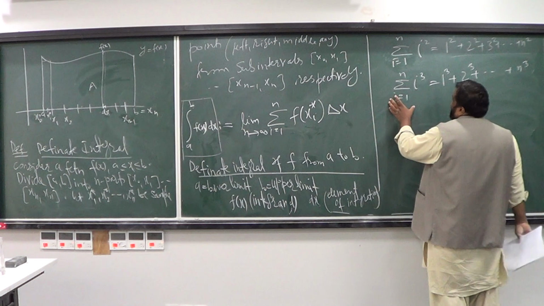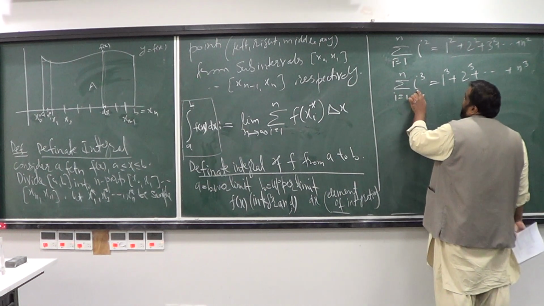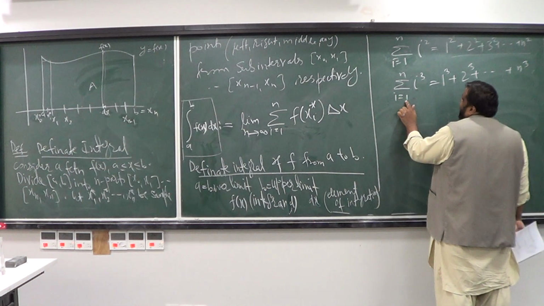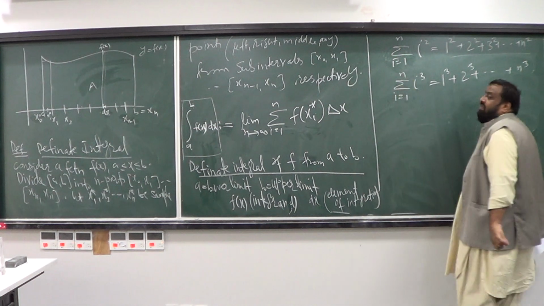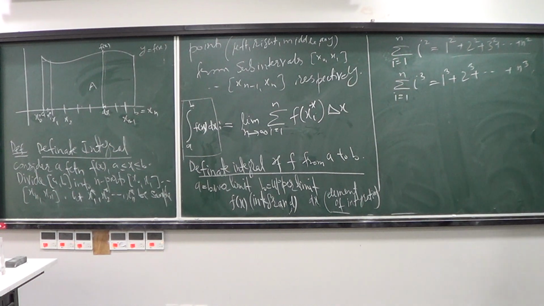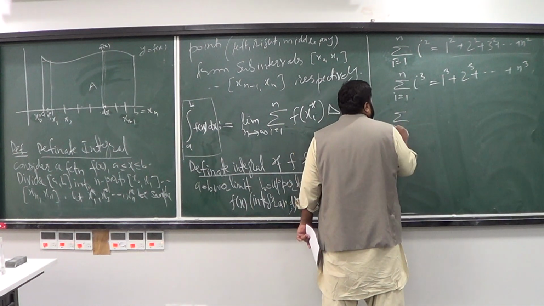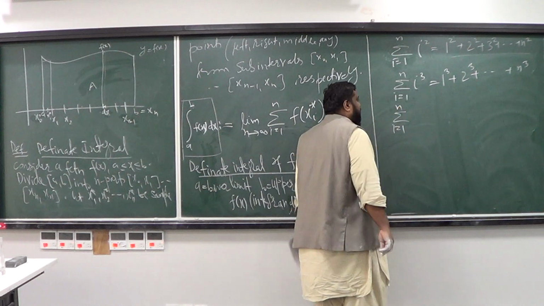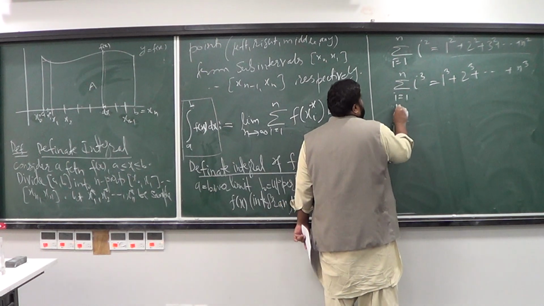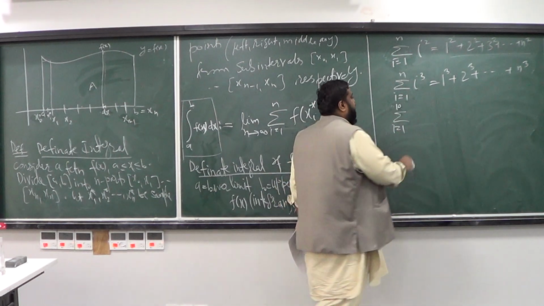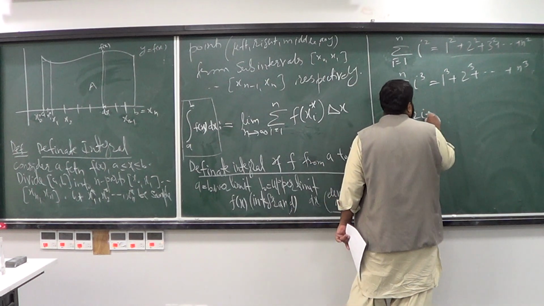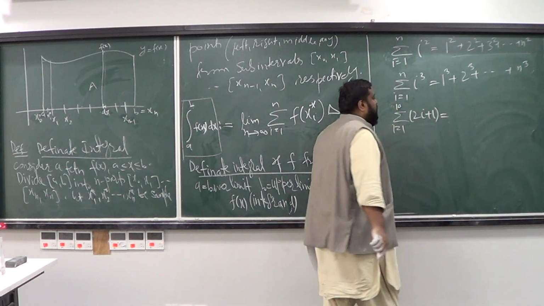So this is the sum of the cubes starting from 1 ending at n. Similarly, I can give you a sum that goes from i equal to 1 to 10, and the formula is 2i plus 1.